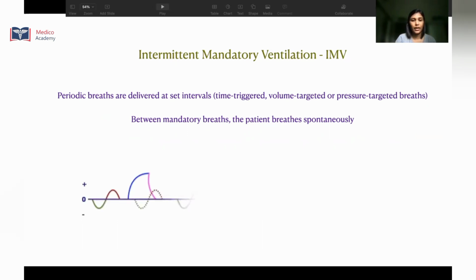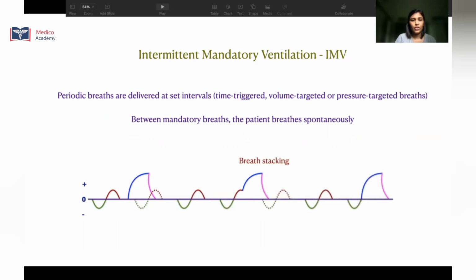So let's see this graph again. Here you can see that something called breath stacking has happened. That is, the patient has already taken a breath and the lung is filled with a particular amount of air. Again, now another mechanical breath is filling up the lungs. So there is breath stacking.